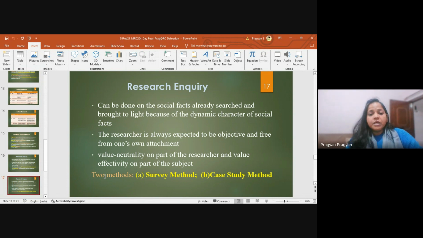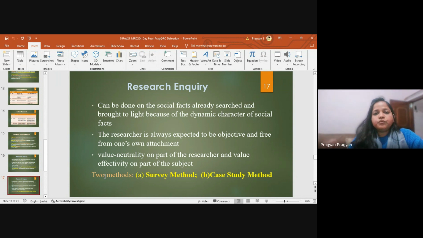That means in research inquiry we have two types of dimensions. On the part of the researcher, value neutrality has to be exercised, but on the part of the subject, values and norms vary from society to society.